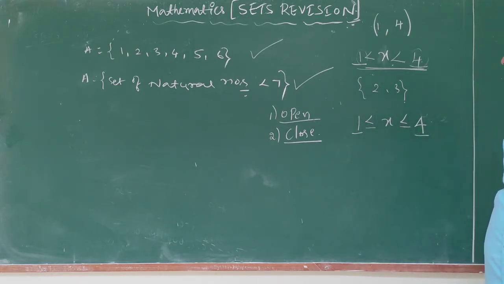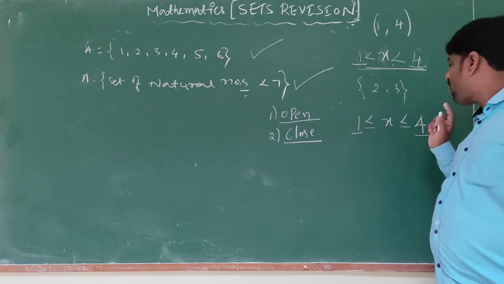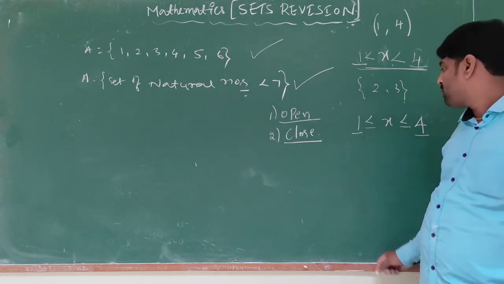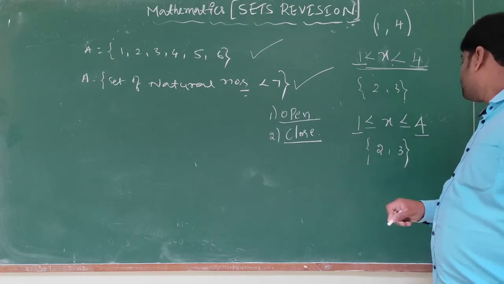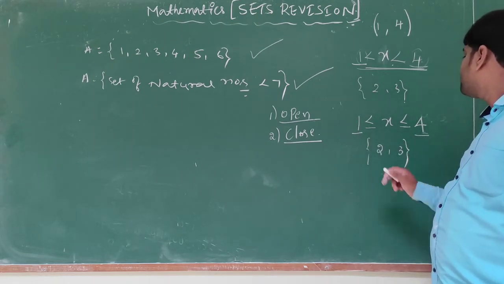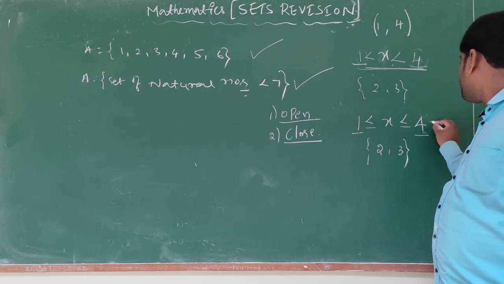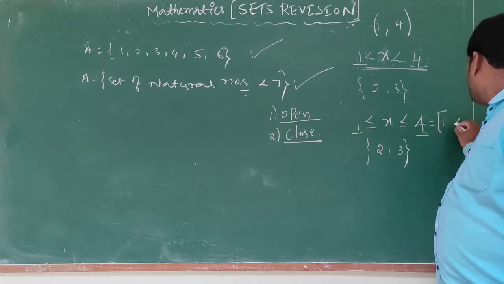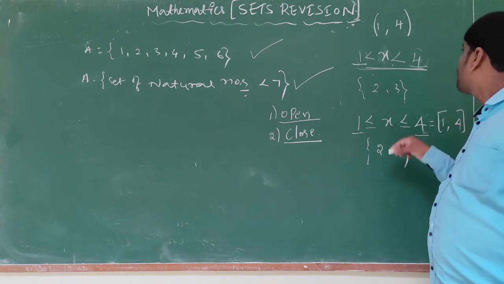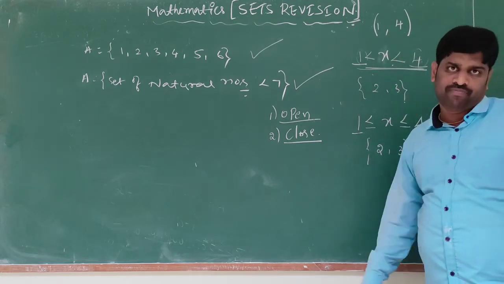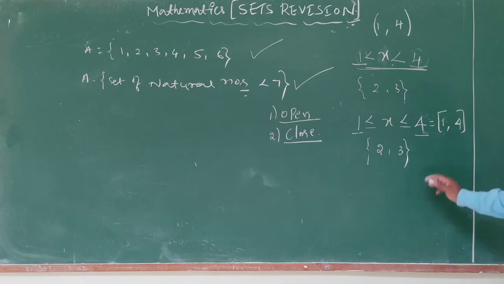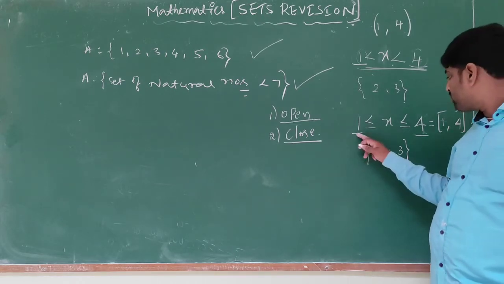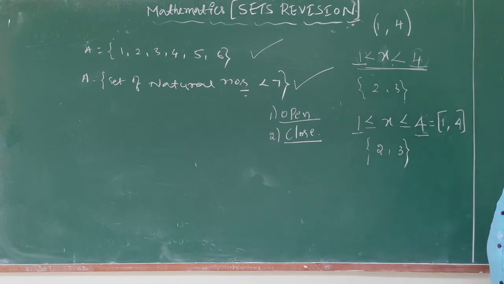The values here are 2, 3. We can write this in interval form as 1 is closed, 4 is closed. For open we write a simple bracket. For closed we write a square bracket.